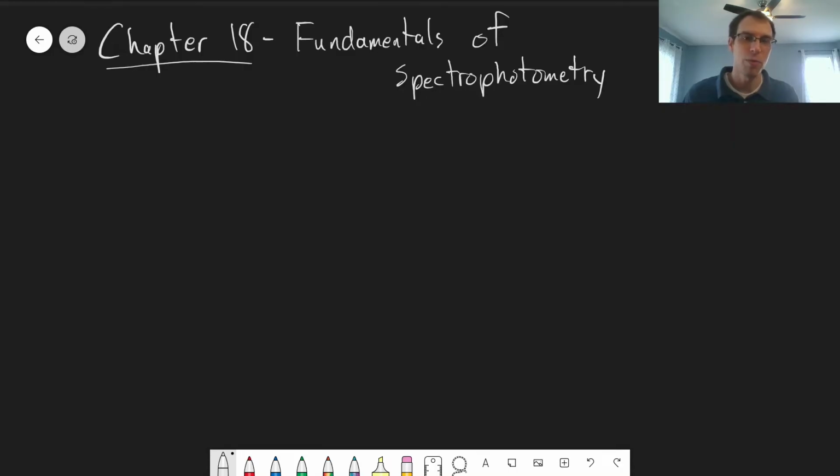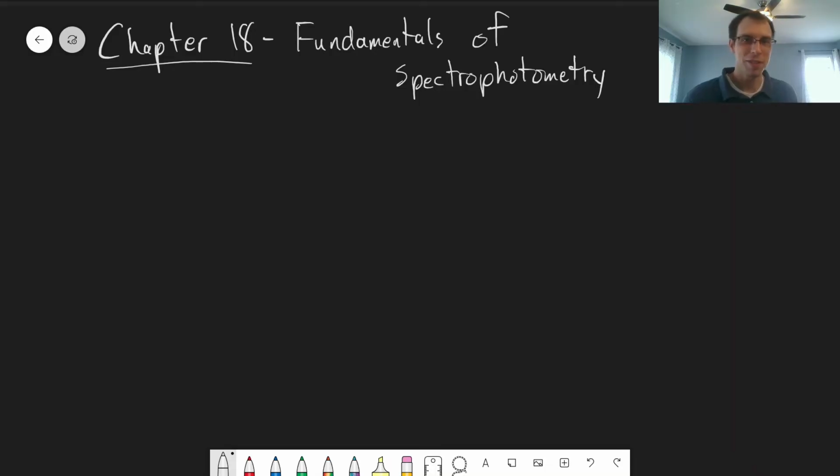Then in Chapter 20, we're going to look at how you actually build a spectrophotometer, what the different parts are that go into it, and how you construct it, which I think is a really interesting topic to look at. And then in Chapter 21, we're going to look at one particular application of spectrophotometry that's very commonly used, and that is atomic absorption spectroscopy. That lays out what's going to be happening until the end of the semester.